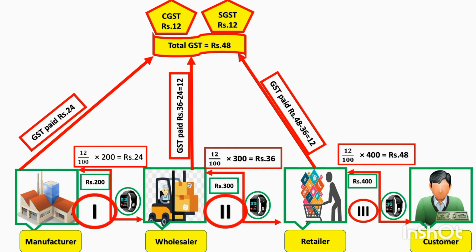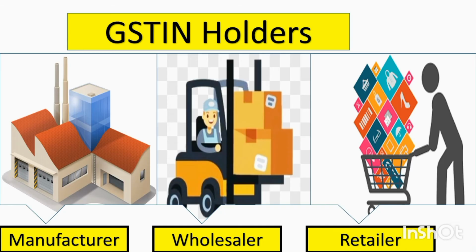Here, GST payable is 48 minus 36, means 12 rupees. So, output tax minus input tax. While paying tax to the government, each trader subtracts his input tax and the remaining amount he pays to the government.